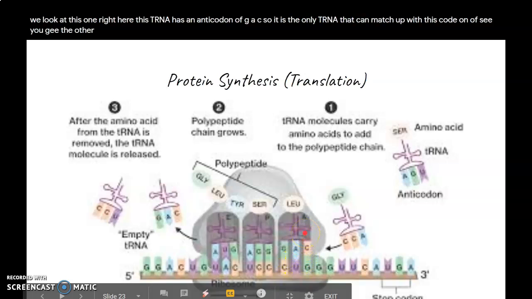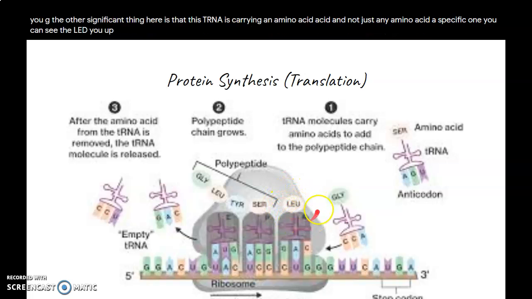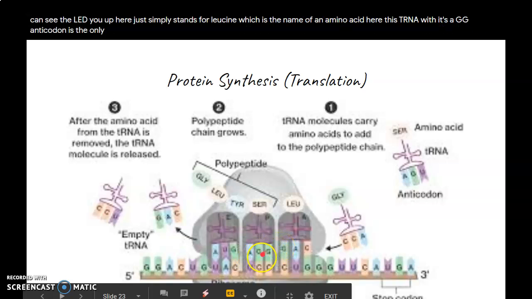The other significant thing here is that this tRNA is carrying an amino acid, and not just any amino acid, a specific one. You can see the LEU up here just simply stands for leucine, which is the name of an amino acid. Here this tRNA, with its AGG anticodon, is the only one that can match up with this UCC codon.